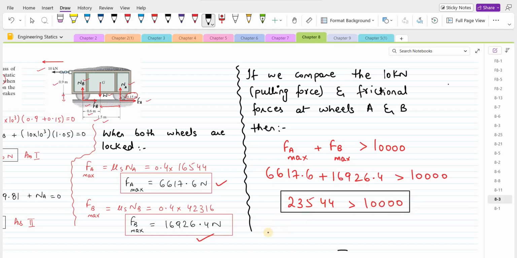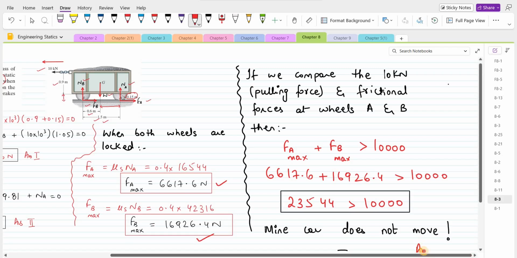So based on this, our conclusion would be that the mine car does not move, because the combined frictional force at A and B is greater than the external pulling force of 10 kilonewtons. So this is our third answer.